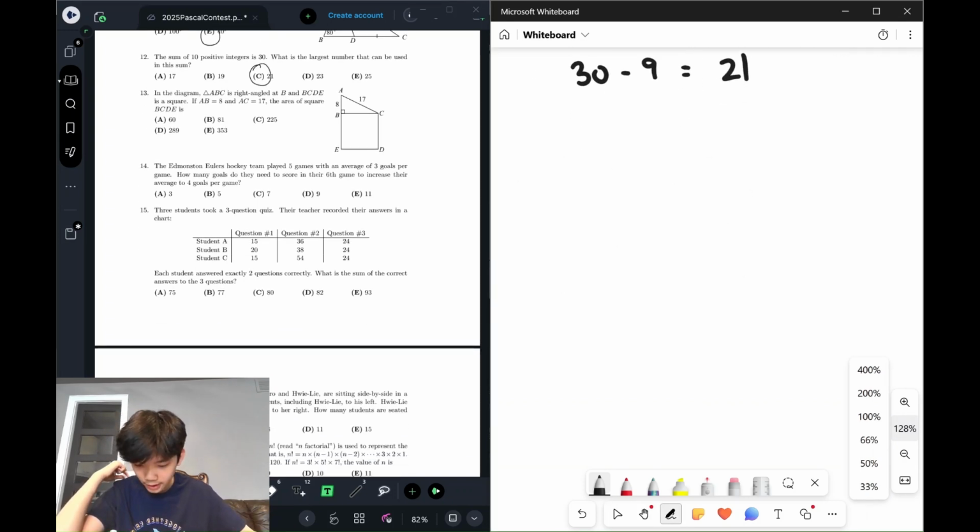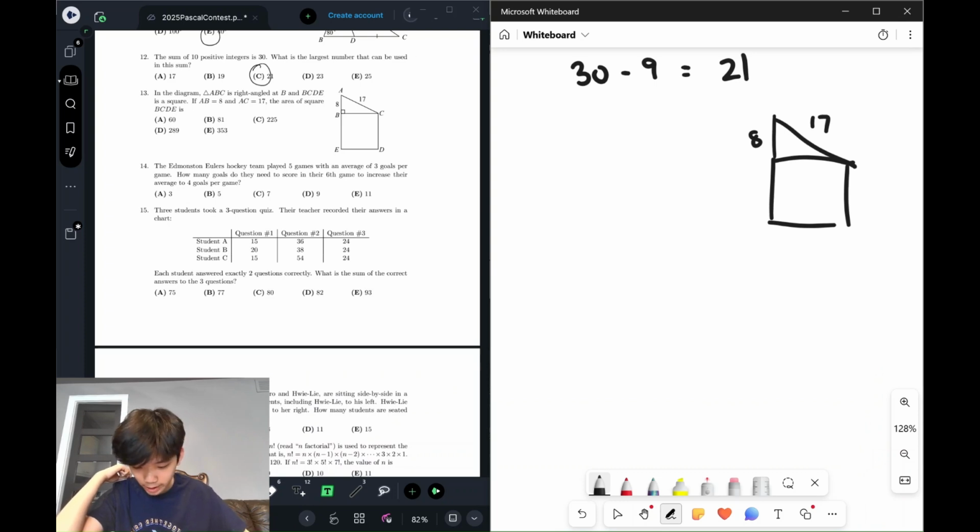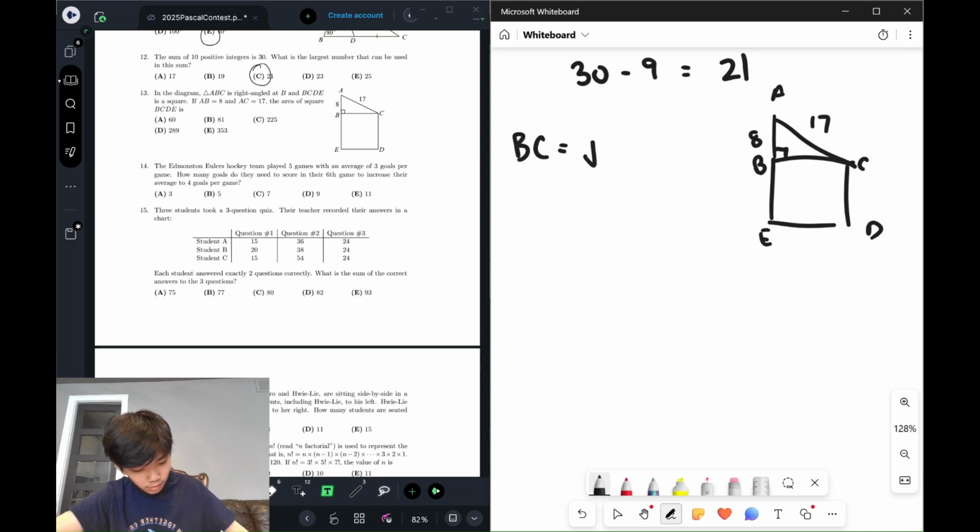For question 13, we have a square and a triangle attached to each other. This is 8, this is 17, and the bottom is a square. So now, by the Pythagorean theorem on right triangle ABC, we note that BC is going to be equal to root 17 squared minus 8 squared.